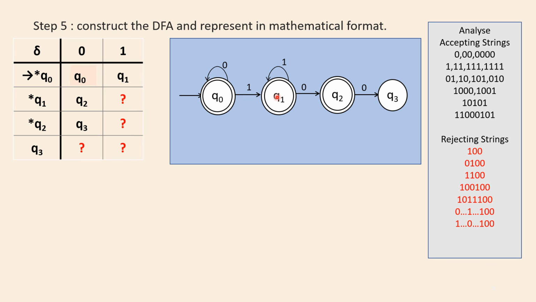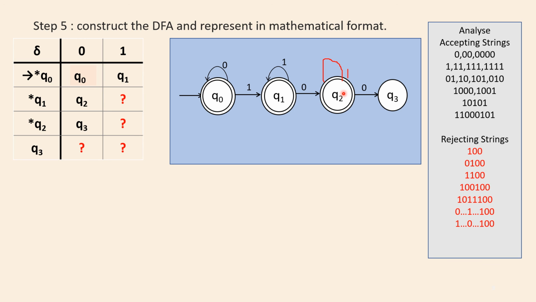also accepted. Now if I have 101 or 10111, if I loop that 1 in Q2, if I loop 10111 in Q2, what happens? 1, 0, 1, 1, 1 is in a final state. So yes, the DFA is accepting 10111. Now if my string is 1010, this is also an accepting string, isn't it? Because it is not ending with 100.